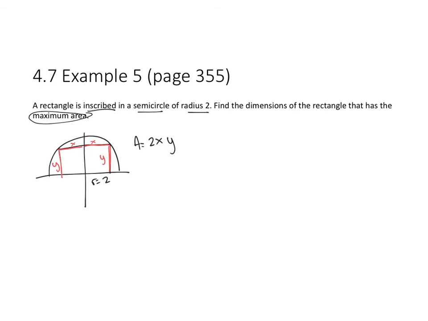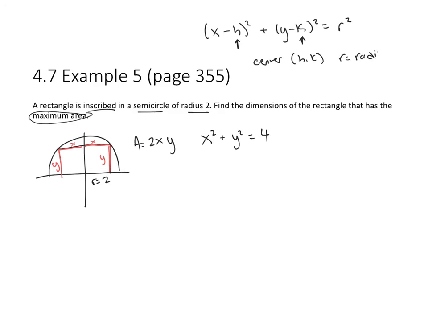Now I'm not sure if you can recall the formula for a circle, but in this case our formula is going to be x squared plus y squared equals 4. The formula for a circle is x minus h squared plus y minus k squared equals the radius squared, where h and k are my center and r is my radius.